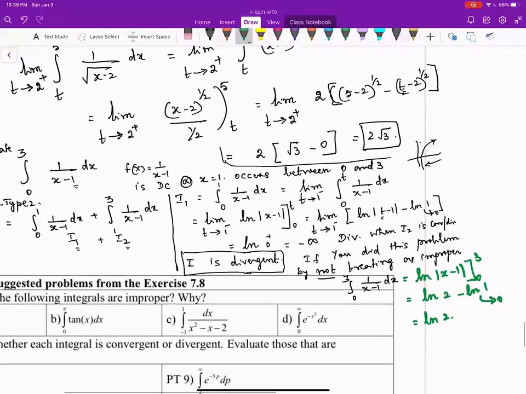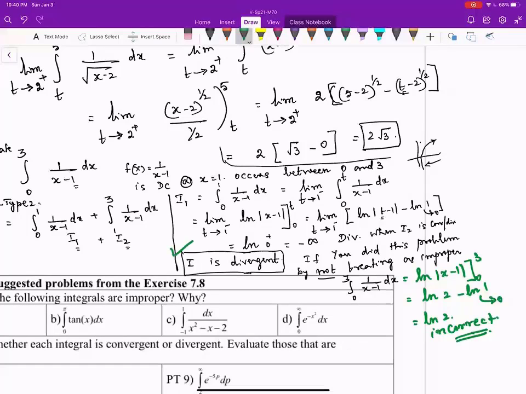And this is incorrect. This means that the integral value turns out to be ln 2 if you had done it the non-improper integral way, which is incorrect. So caution: this cannot be done by the regular methods, by the regular indefinite integral method.